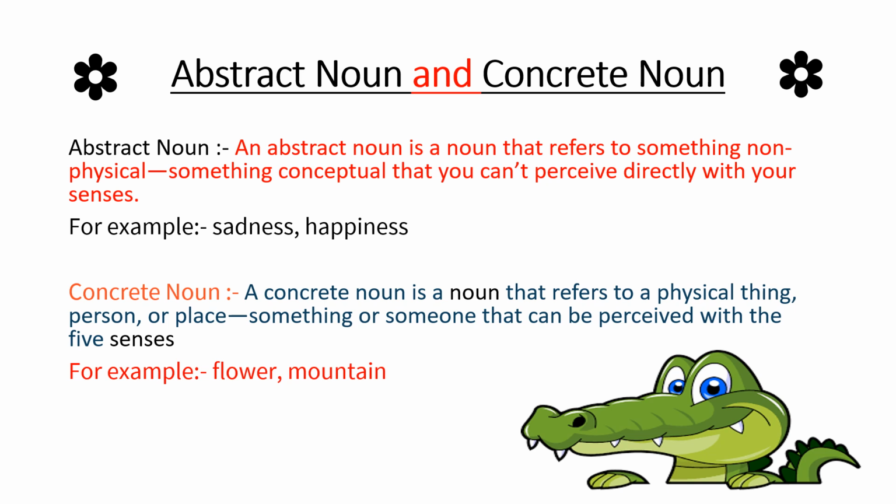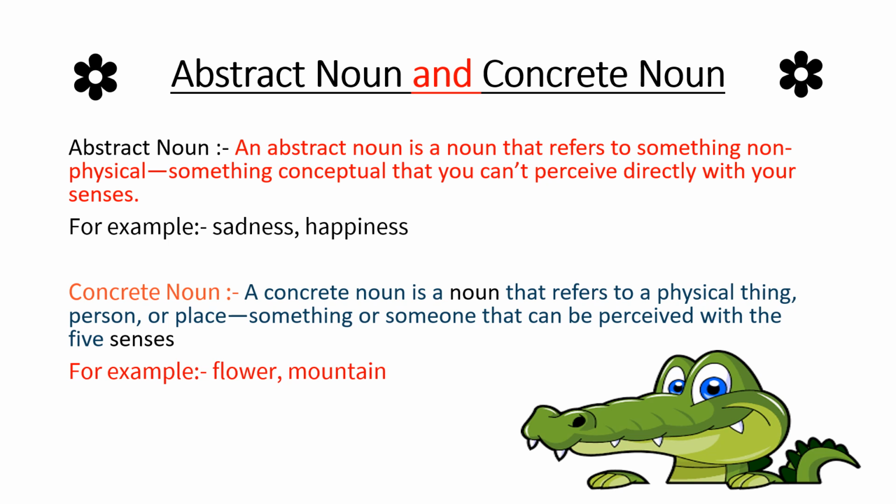Like sadness, happiness. But concrete nouns are those nouns which we can perceive with our five senses, which we can touch, feel and taste. So those nouns are known as concrete nouns.